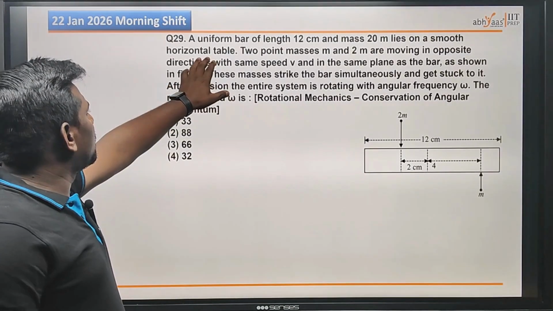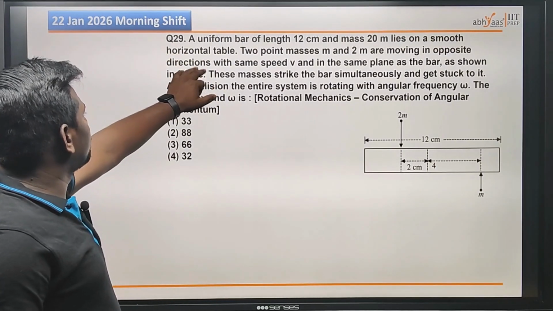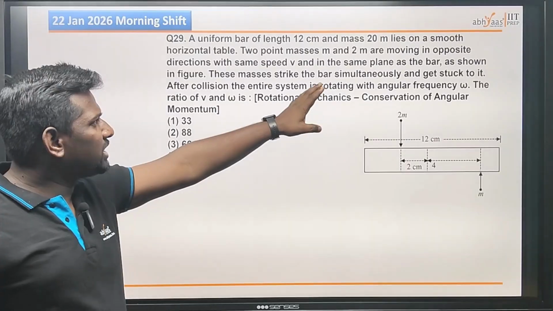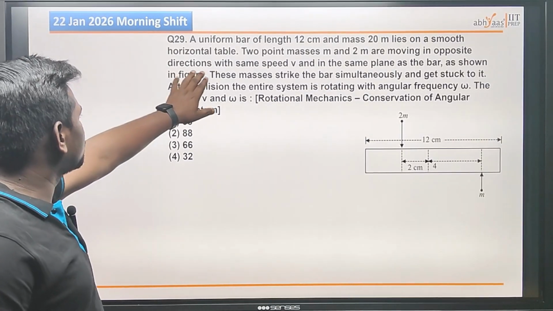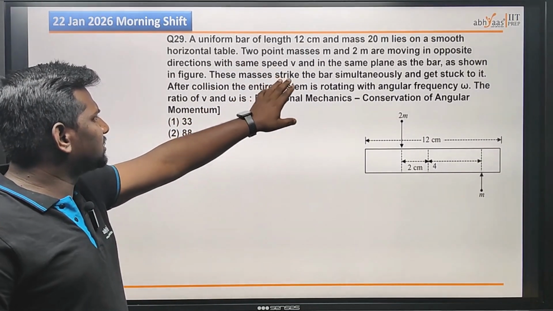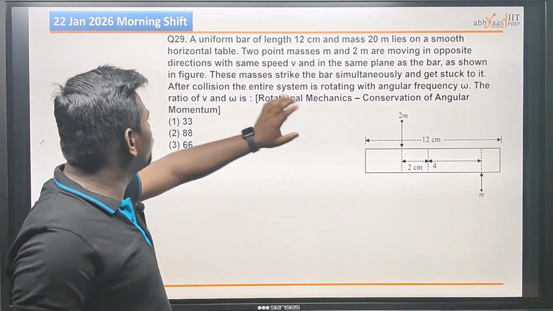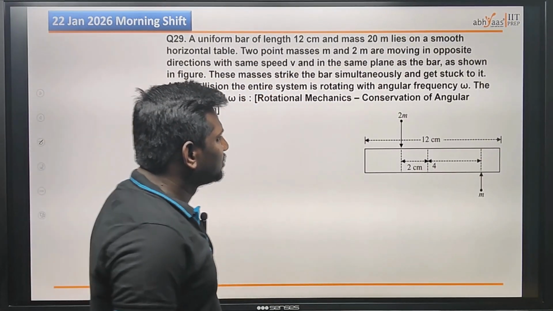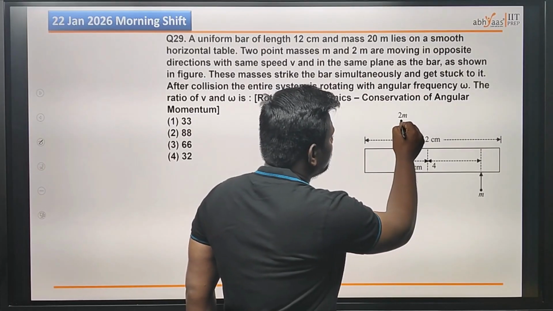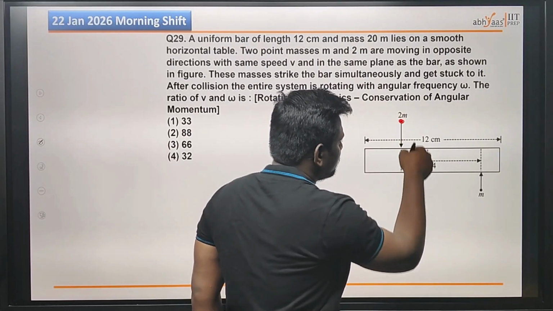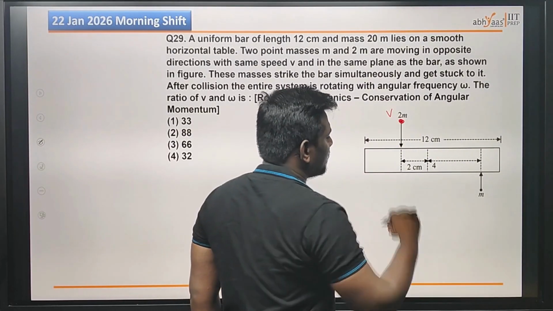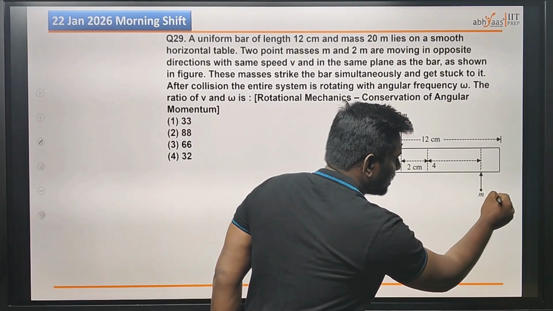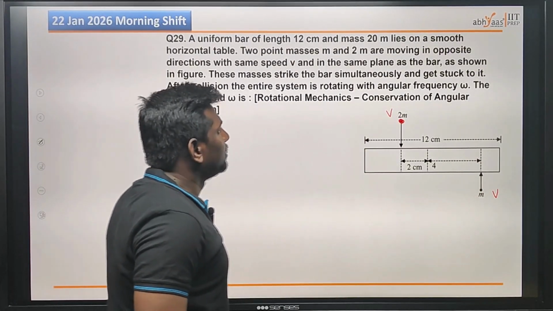In question number 29, a uniform bar of length 12 centimeter and mass 20 m lies on a smooth horizontal table. Two point masses m and 2m are moving in opposite directions with the same speed v. Observe here, this is our 2m mass moving with velocity v, and this is our m moving with velocity v.